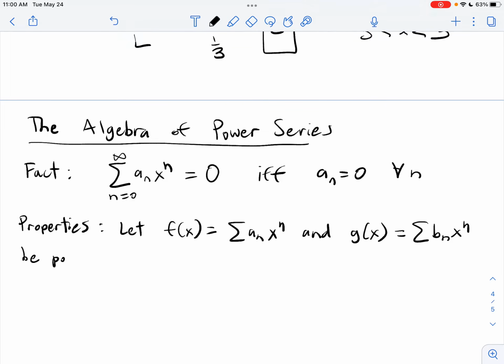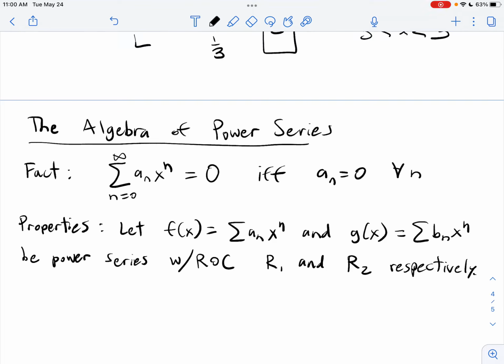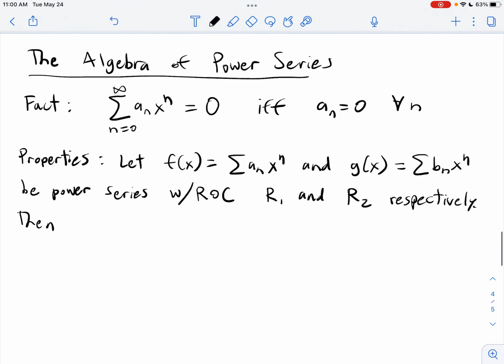Let these guys be power series with radius of convergence equal to r1 and r2 respectively. Then we have the following 3 facts.